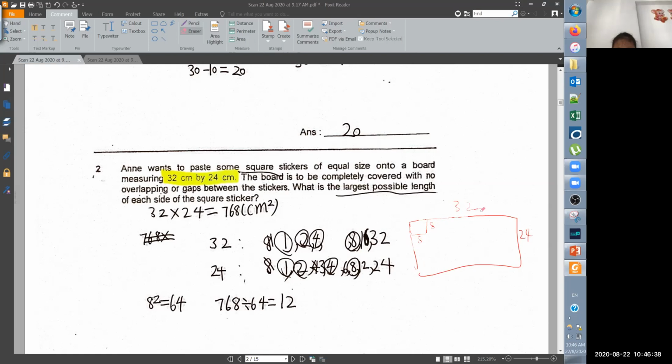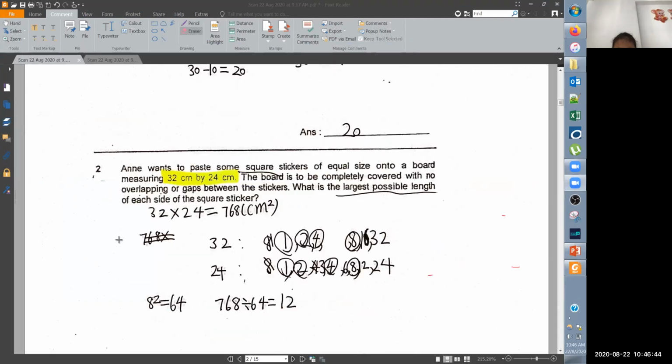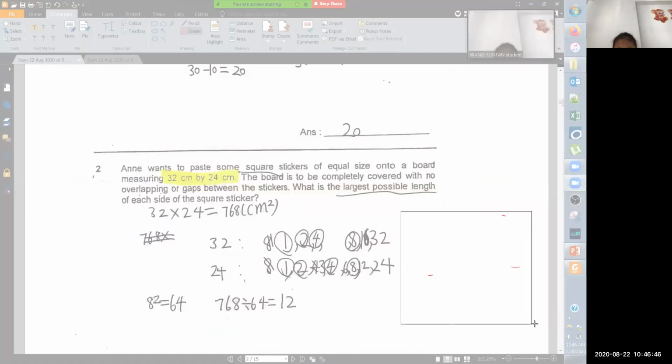I'm going to give you a similar question. You have a 32 and 24, and you have this 3 and 2. We are going to put it here.